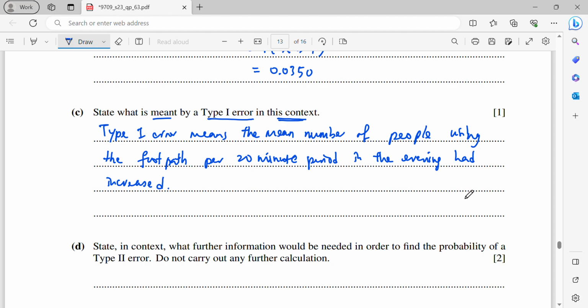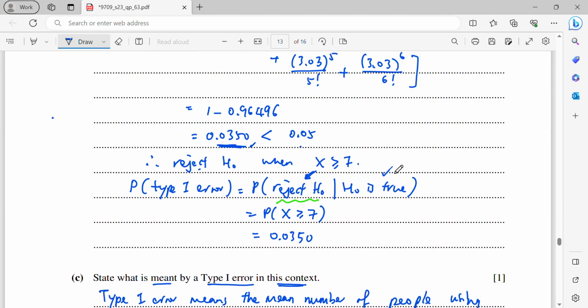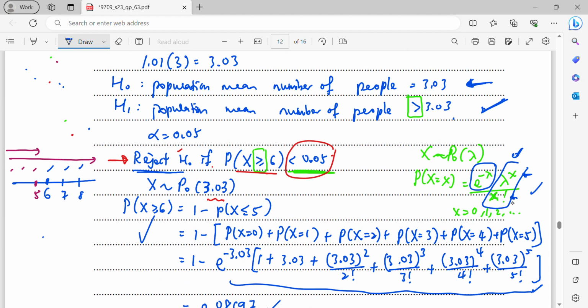Okay, when it has increased. Now remember, this is to reject H naught, but then H naught is true. What is H naught is true? H naught is true means that it is 3.03, so it's actually not increasing.